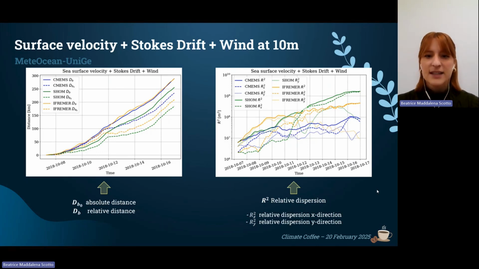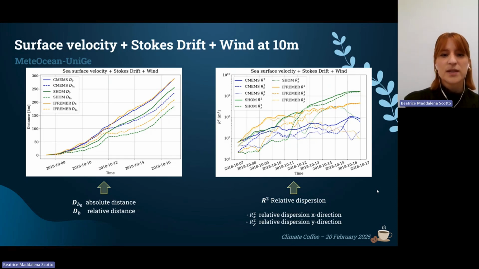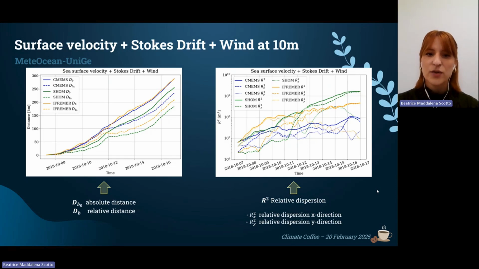And on the right-hand side, instead, we have the graph that shows us the relative dispersion, which is in the continuous line, and also the relative dispersion in the x direction, which is the dashed line, and in the y direction, which is in the dotted line.